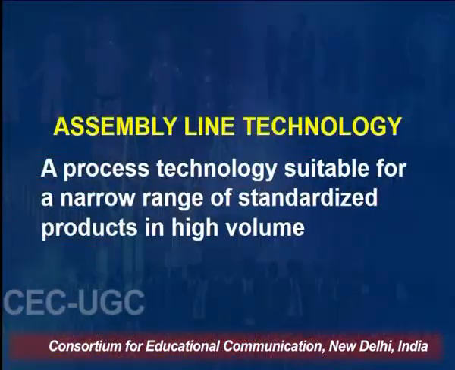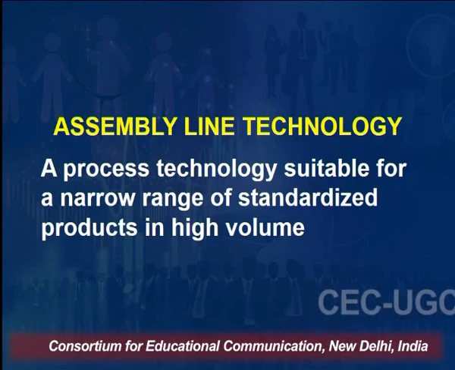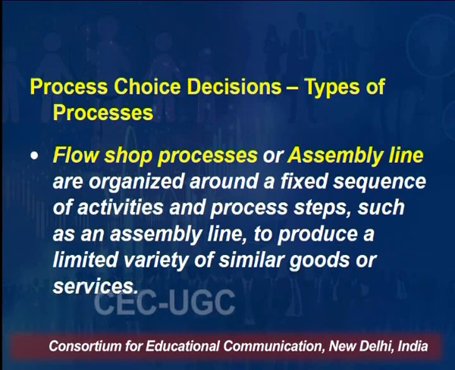So in assembly line technology, what is assembly line technology? It's a process technology suitable for a narrow range of standardized products in high volume. This kind of process design is used for products like automobiles, consumer durables like televisions, refrigerators, washing machines, microwave ovens, dishwashers, etc. Let us see the formal definition of flow shop processes or assembly line technology.